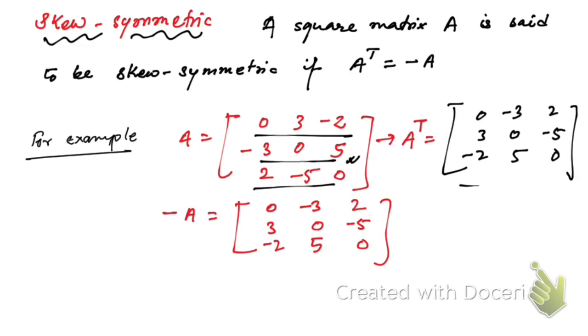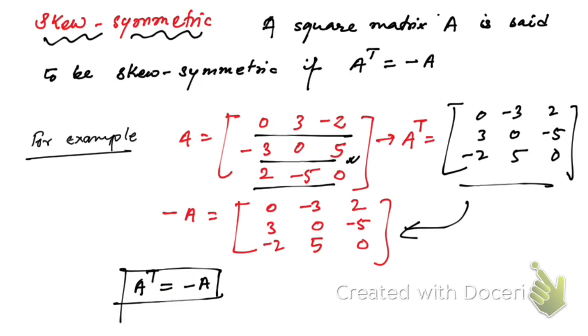Now if you see this one and this one, both are equal, right? So here we are getting A transpose equal to minus A. So that's why this given matrix A is a skew symmetric matrix, right? Hope you have understood this.